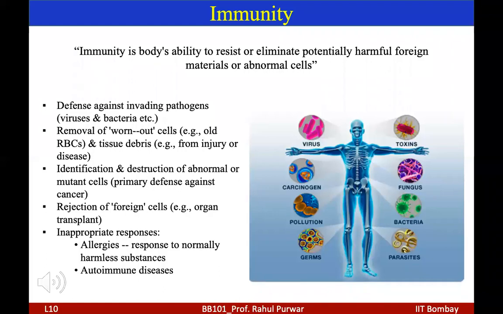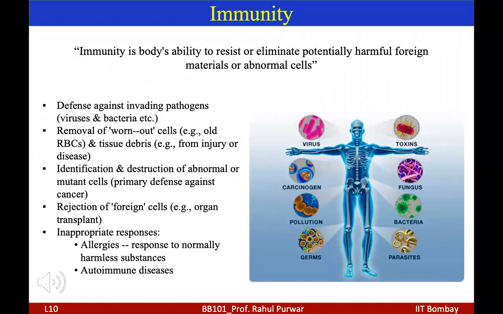Toxins, which I told you about in the bacteria class, like Staphylococcus aureus that releases toxins, anthrax toxin, fungus spores that can cause infection, various types of bacteria, parasites, helminths for example in the intestine, different kinds of germs, pollutants, and carcinogens, meaning material that causes cancer. All these pathogens, materials, or abnormal cells causing harm to our body, the immune system continuously fights against.